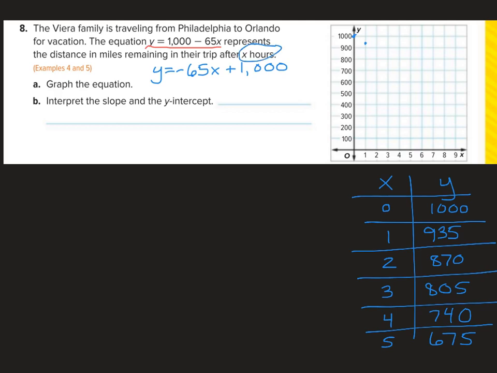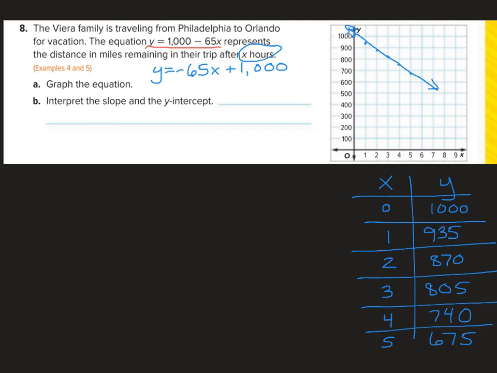In 2 hours, 870, so about right there. 3 hours, 805. 4 hours, 740. 5 hours, 675. So if I connect those dots, it's not going to be a perfect line, but it's a line.